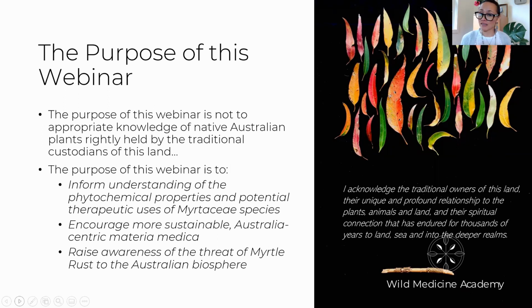I'm going to give you some direct examples of how it's doing this, tell you how the rust actually infects plants and its mechanism of action, so the way that it is actually contributing to this devastating effect. This webinar isn't about appropriating Indigenous knowledge. It is really about using the tools and skills that we have developed over years and years as Western herbal medicinalists, but situating us in a slightly different context, the native Australian biosphere.